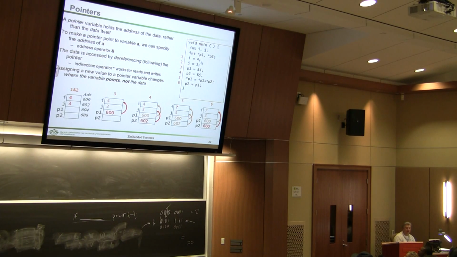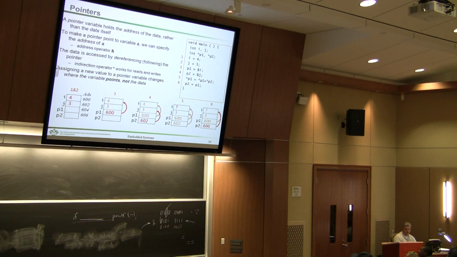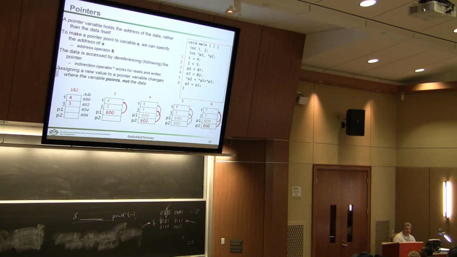P1 is a pointer. In particular, the ampersand here says, give me the address of variable i. Very often you may need to pass the address of something in a function. So this is how you get the address of it, not the contents, but the address.